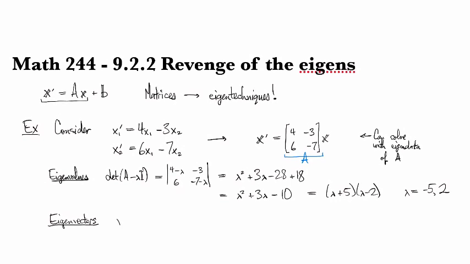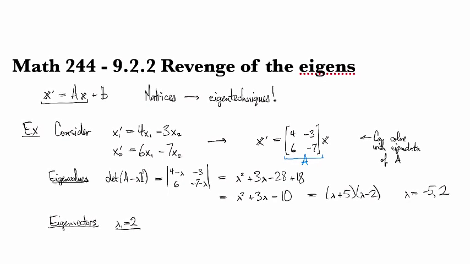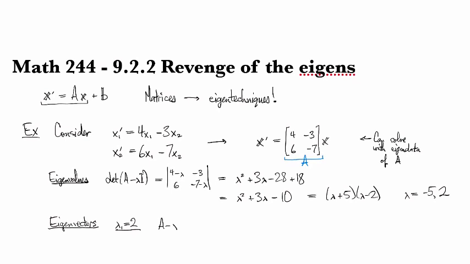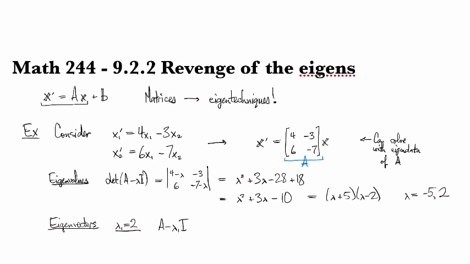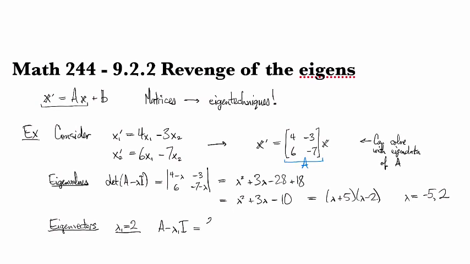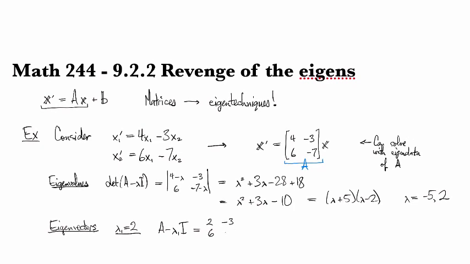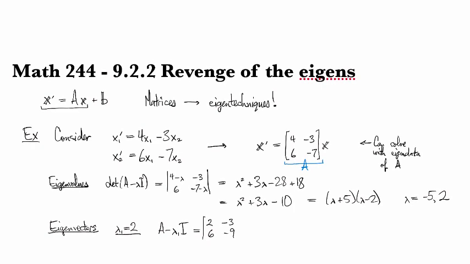So let's see, for 2, we take A minus lambda 1 I, so we subtract 2 from the diagonal, and we have [2, minus 3; 6, minus 9].